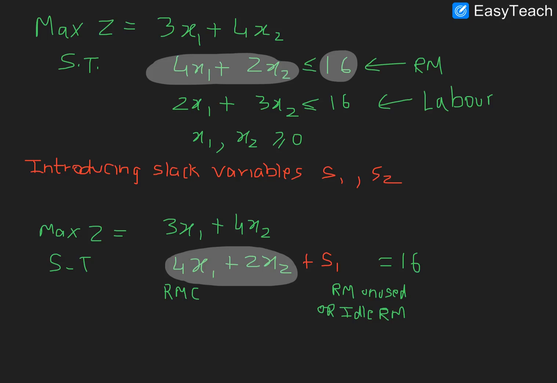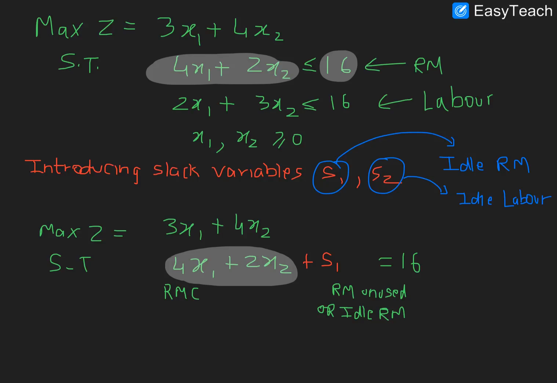S1, S2. Now we need to understand that S1 and S2 are going to have some specific meaning, where S1 denotes idle raw material and S2 is going to denote idle labor.